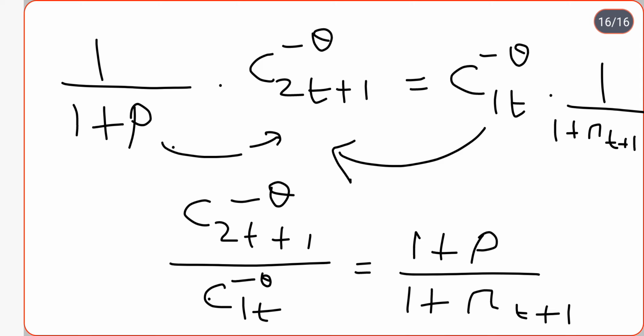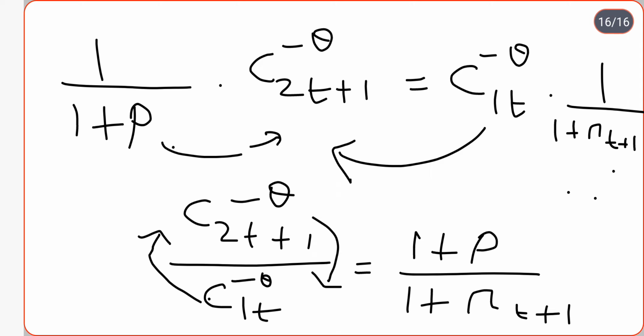Now if I want to convert this power minus theta into power plus theta, then I may take this c1t to the power minus theta in the numerator and c2t plus 1 to the power minus theta in the denominator.